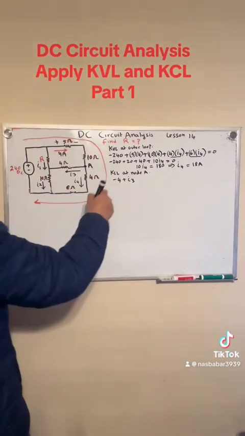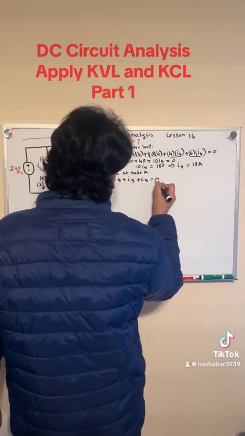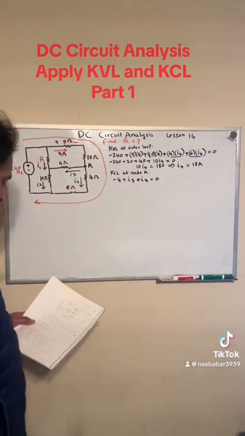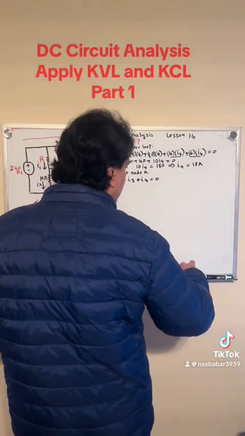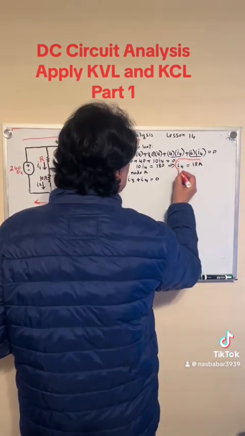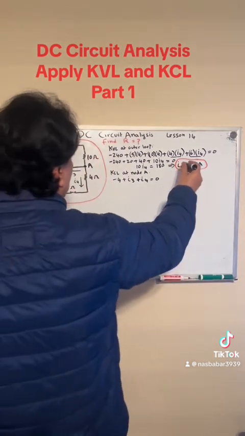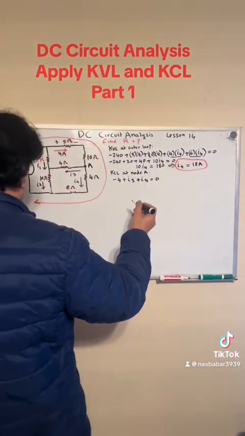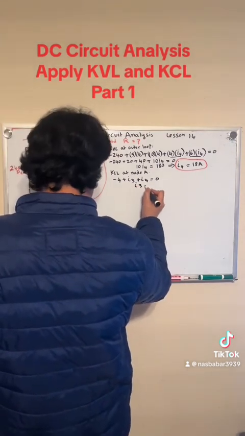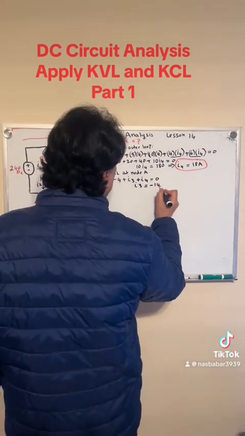I4 is leaving the node, so plus I4 is equal to 0. We already know what I4 is, which we calculated right here. I'll circle that in red. Then we can plug in the value of I4 right here, and I3 comes out as minus 14 amps.